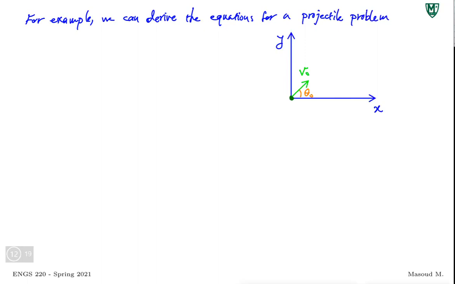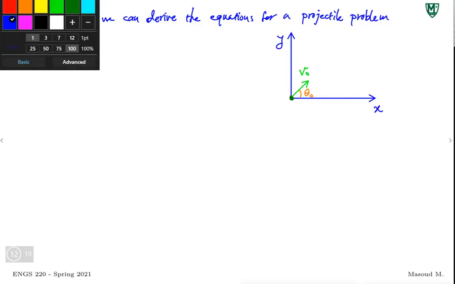We just throw it, and then we know its initial velocity. We are assuming in this case, to derive the equation, we just put the coordinate exactly where it is. And we know the initial angle that the initial velocity makes with the x-axis, the horizontal line. So how do we deal with this?